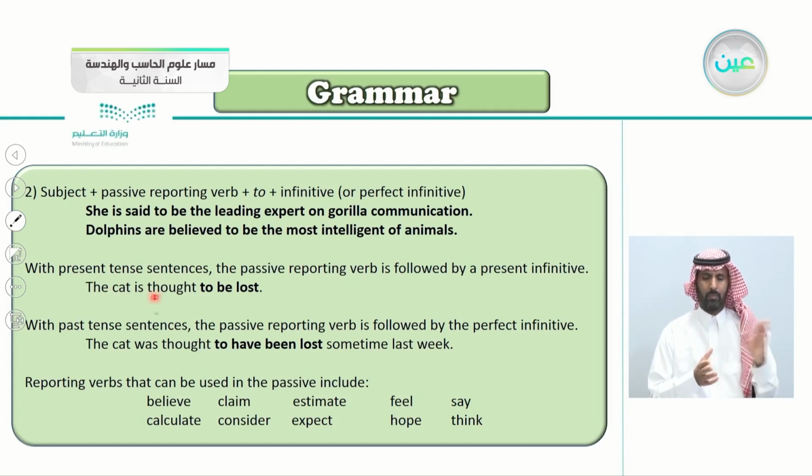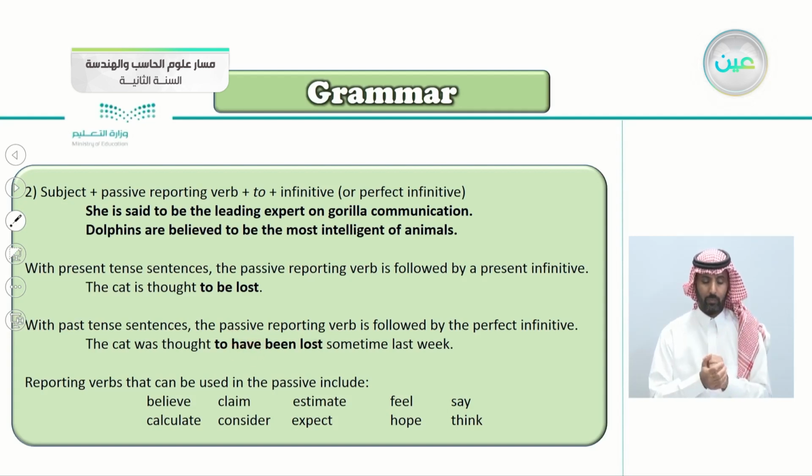So we say the cat is thought to be lost. To be lost. With past tense sentences, the passive reporting verb is followed by perfect infinitive. So we say the cat was thought to have been lost. This is perfect.